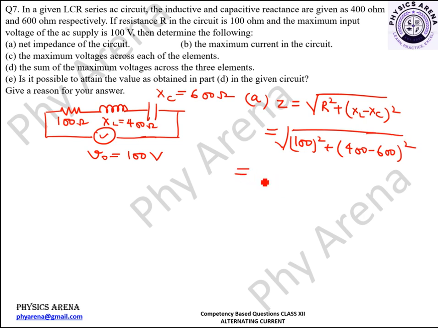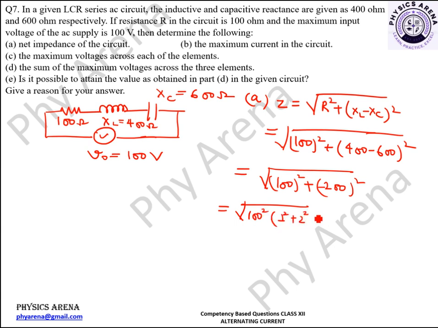When we solve it, it will be 100 square plus 200 square. We can take 100 square common, and it becomes 100 square, 1 square plus 2 square, which equals 100 under root 5. So the impedance of the circuit has come out to be 100 under root 5 ohm.